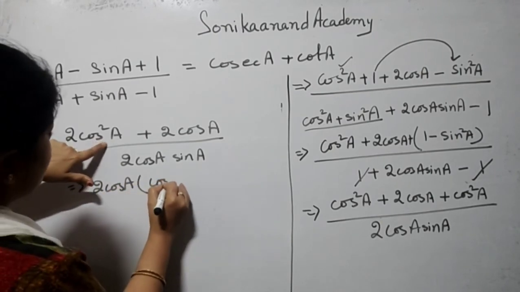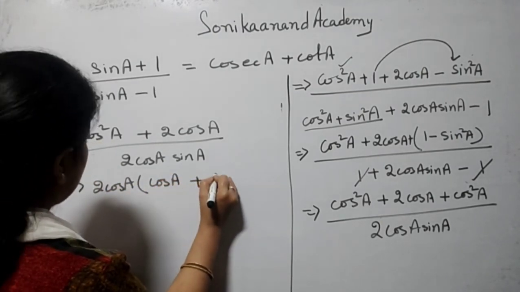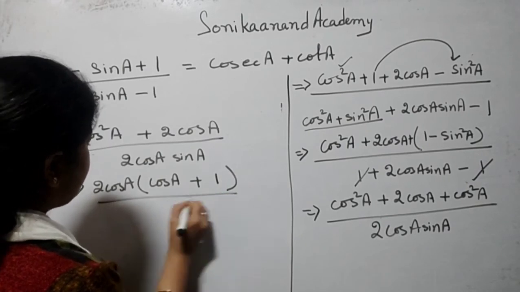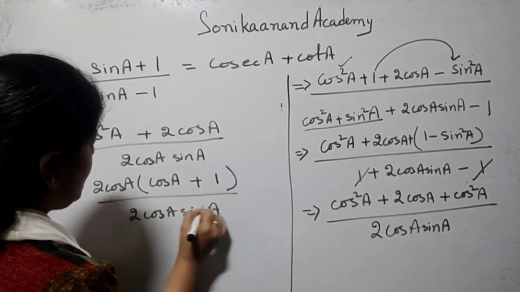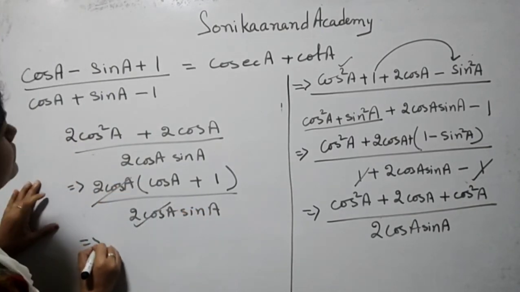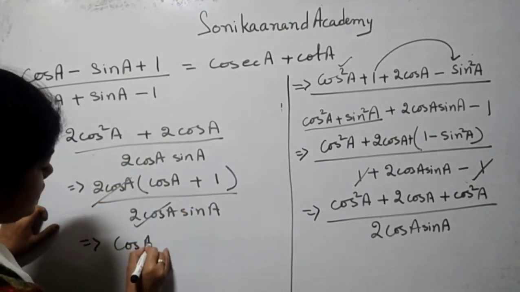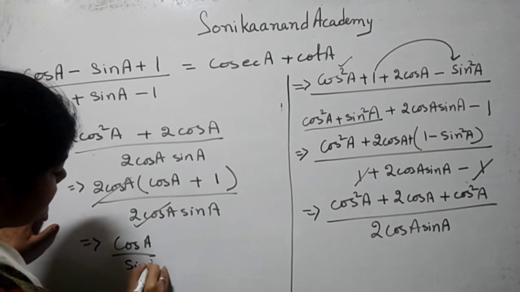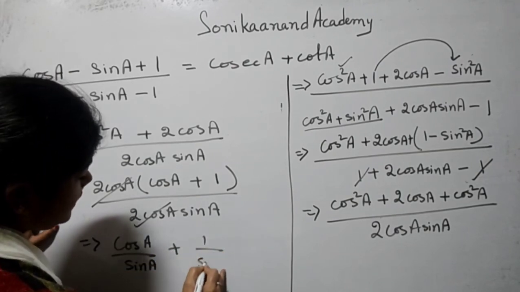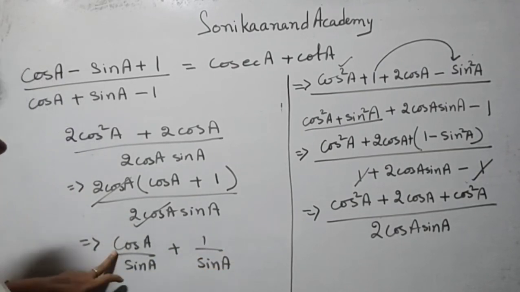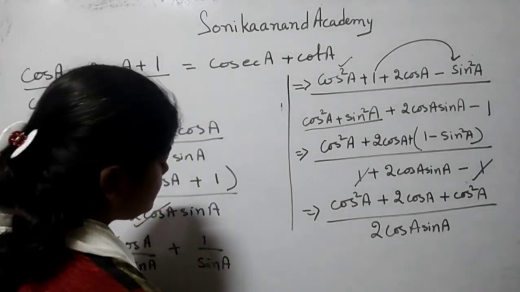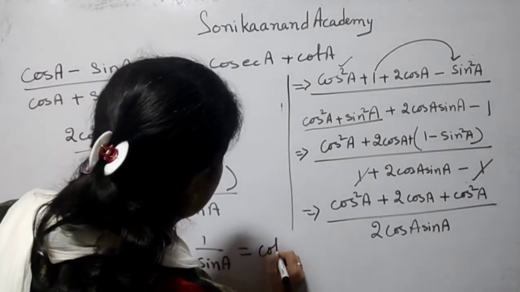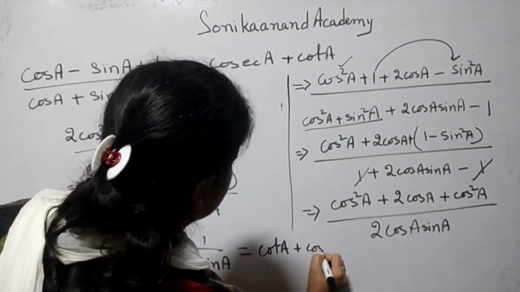So we are left here with cos a plus 1, and here we get 2 cos a sin a. Now it gets cancelled over here. So we get cos a over sin a plus 1 over sin a. It ultimately converts: cos a over sin a is cot a, and 1 upon sin a is cosec a. That means cot a plus cosec a.